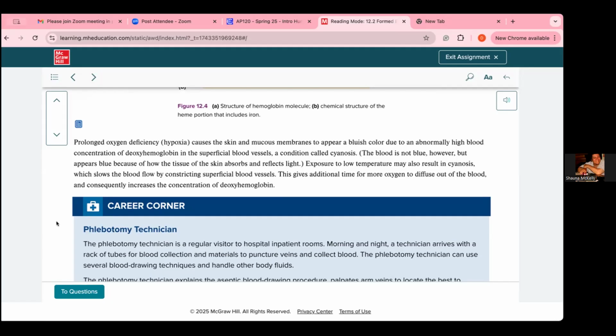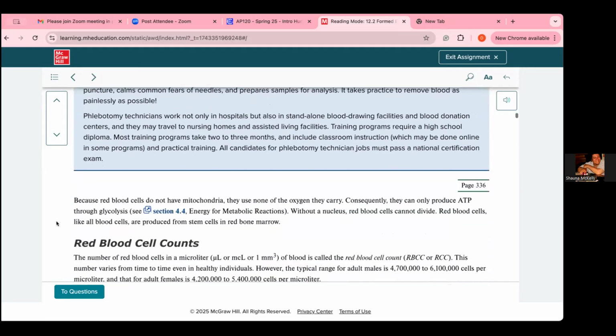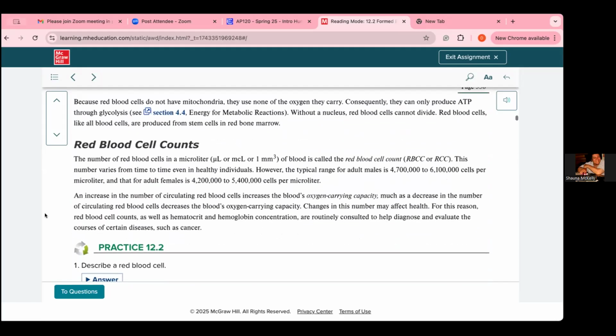But that's not about how blood cells develop. So we need to keep going, because we're looking for how blood cells develop. And that's about having more red blood cells is healthier. Okay, keep going.